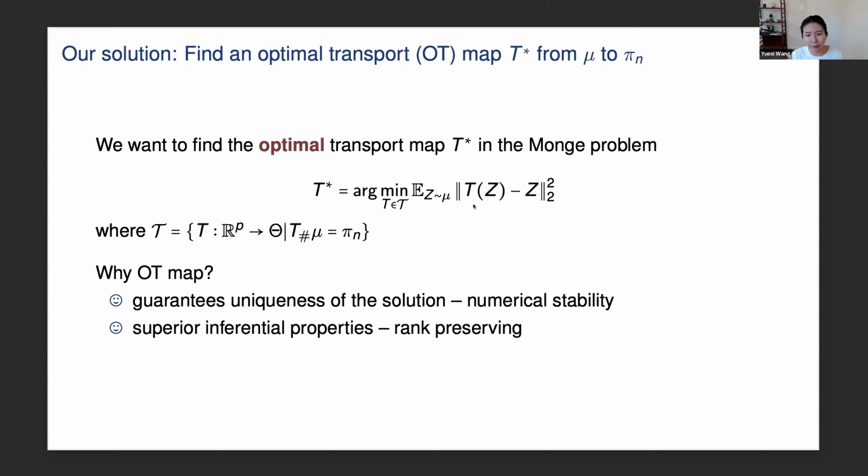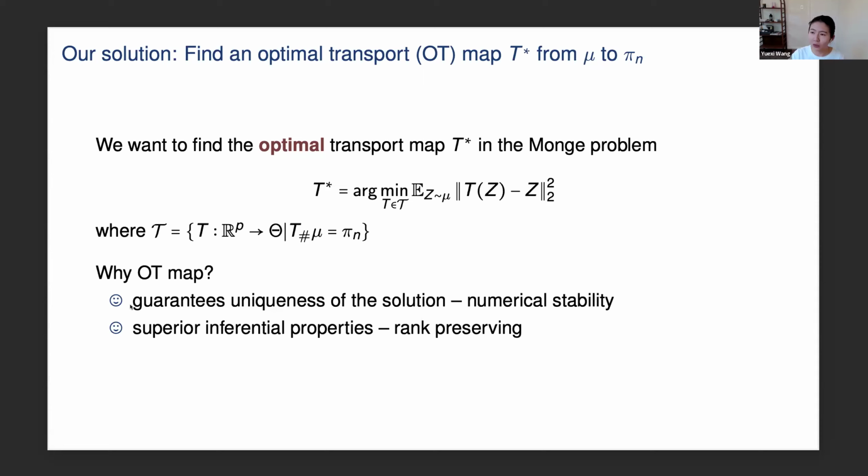You might wonder, since my goal is to do sampling, any transport map that can push mu to pi n will achieve this purpose. So why specifically this OT map? It has both computational advantages and inferential advantages.